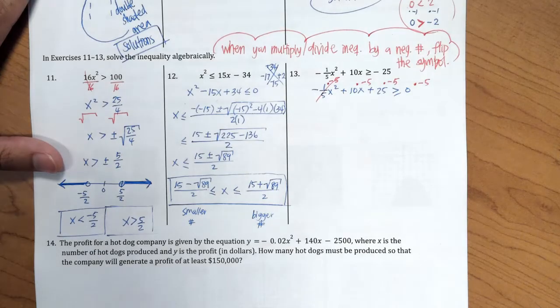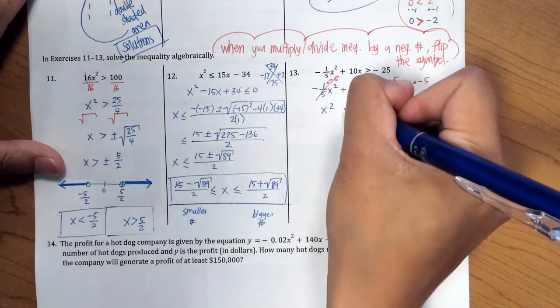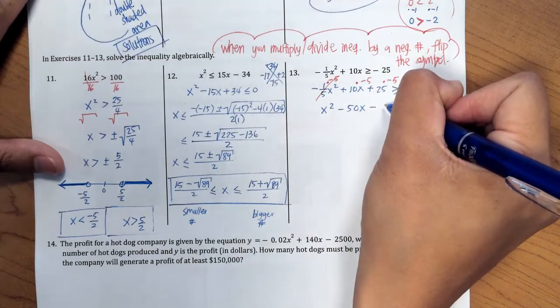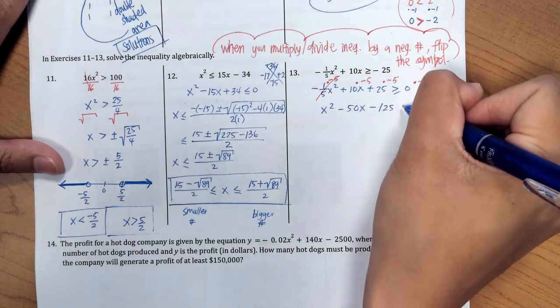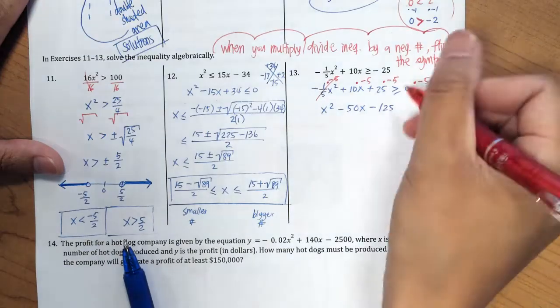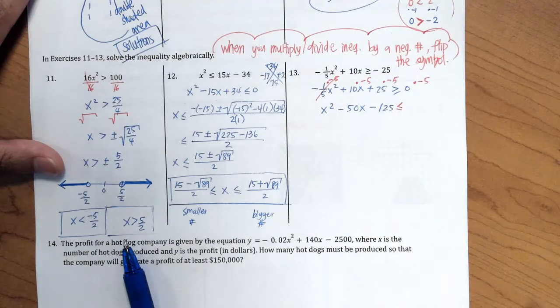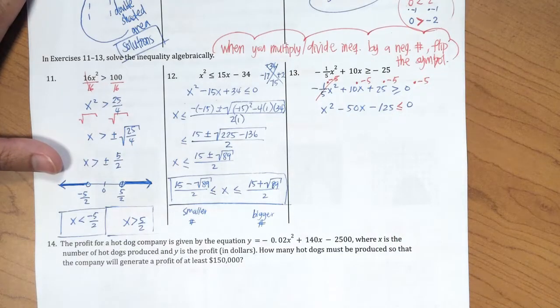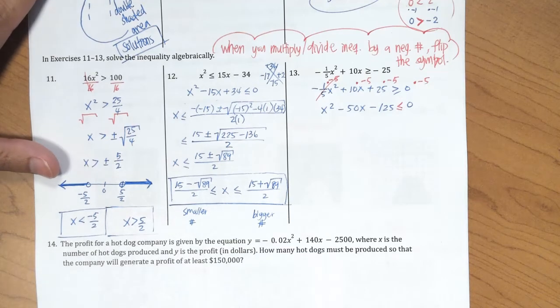And remember that when you multiply by a negative, you must switch this sign. So it's no longer greater than or equal to, it is less than or equal to. And so now we need numbers that multiply to -125 and add to 50.